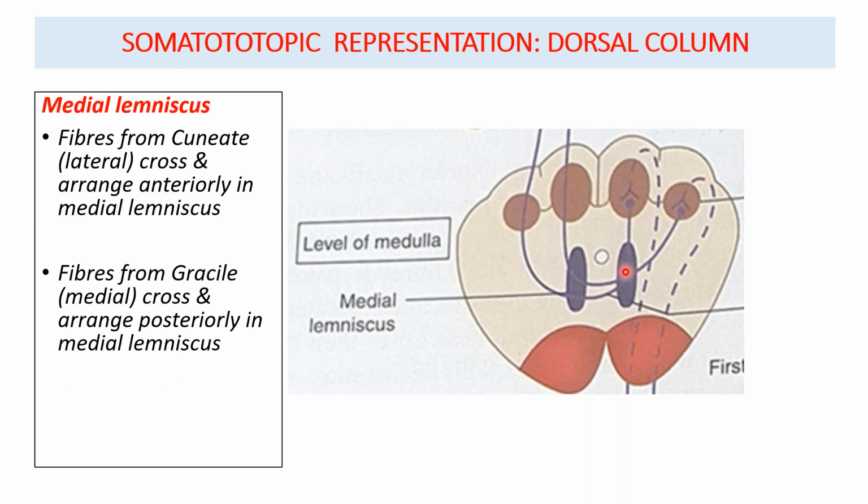The sacral fibers, or lower body, settled onto the anterior plane, and the cervical fibers, or upper part of the body, settled over the posterior part of the medial lemniscus. So remember this relation, you will remember everything. Sacral, lumbar, thoracic, cervical in the gracile and cuneate nuclear part, and in the medial lemniscus from anterior to posterior. This is the same order from anterior to posterior, and the same order from medial to lateral.